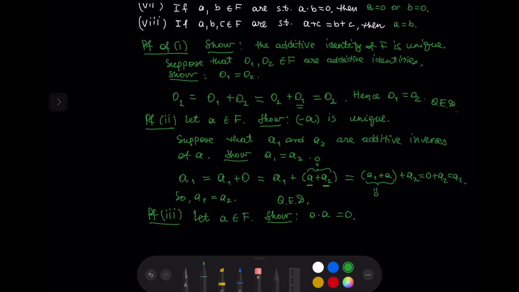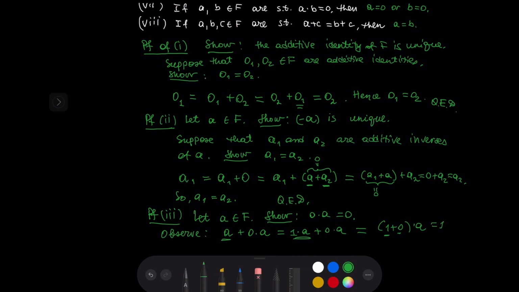So let us observe the following. So if I take A and add to it 0 times A, this is the same as 1 times A plus 0 times A, because when we multiply A by 1, we do not change anything. But then by distributivity, this is the same as 1 plus 0 times A. But 0 plus 1 is equal to 1 because when we add 0, we do not change anything.